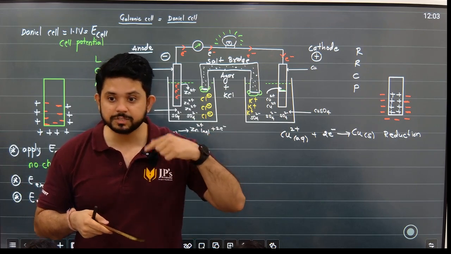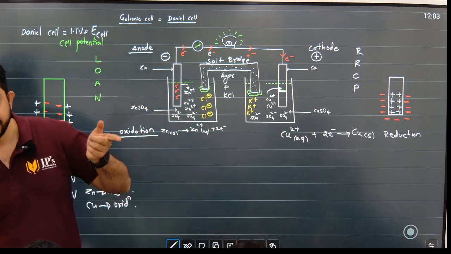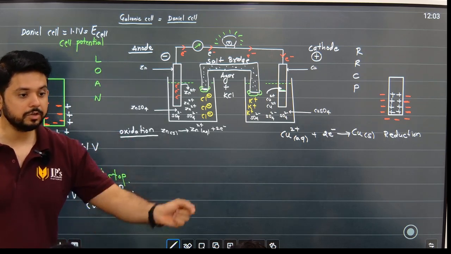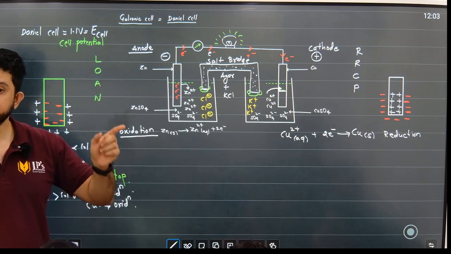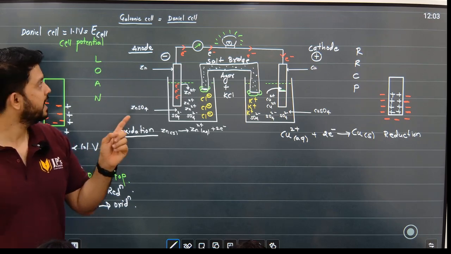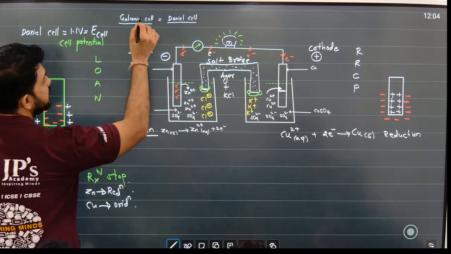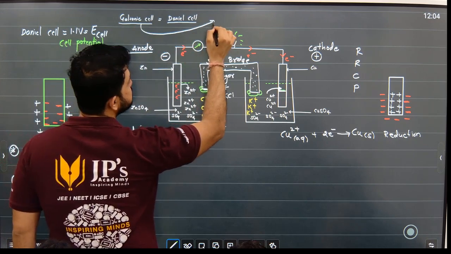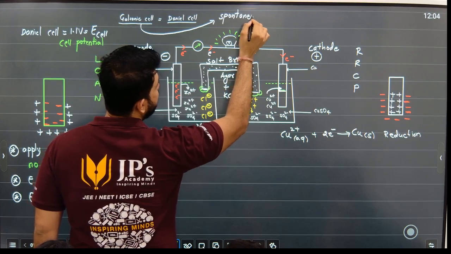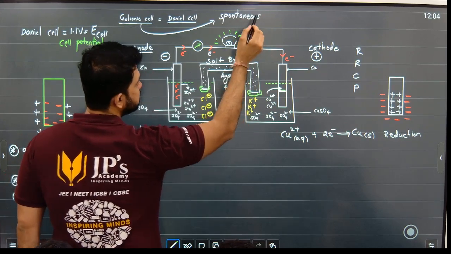So when we study electrolytic cells, because you want the opposite to happen, you have to continuously supply energy. Hence electrolytic cells are non-spontaneous in nature, and galvanic cells are spontaneous in nature. And what kind of reaction is taking place over here?